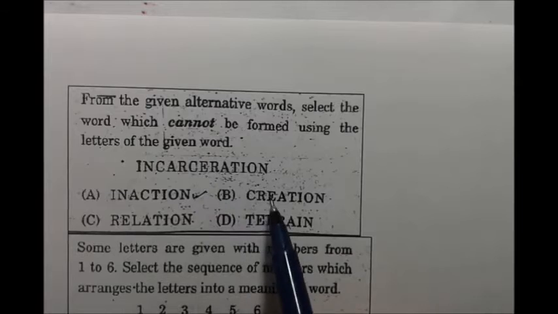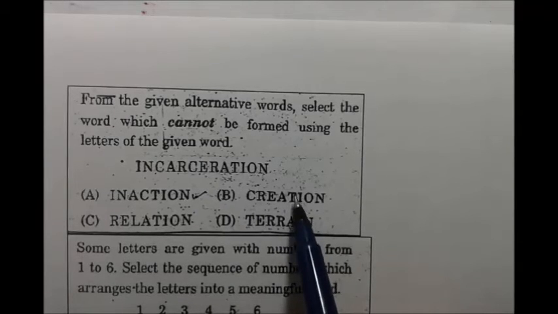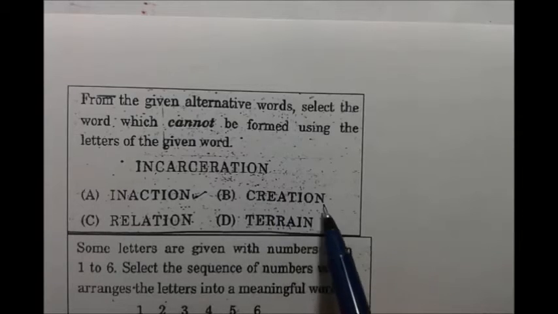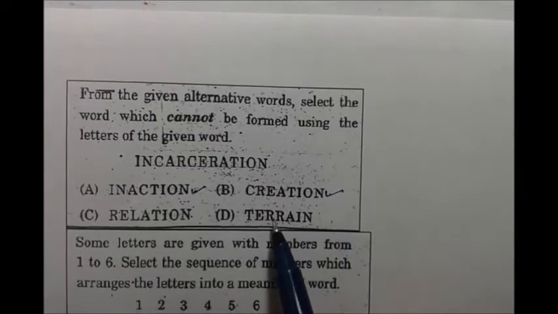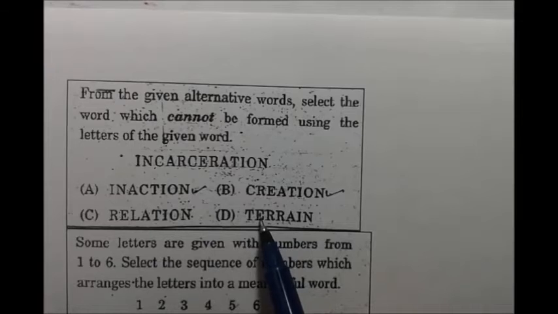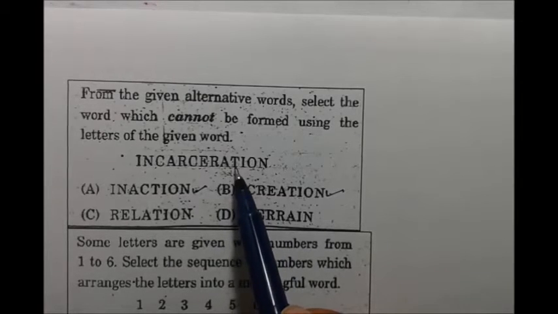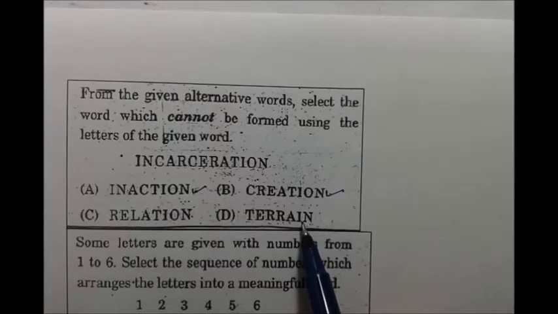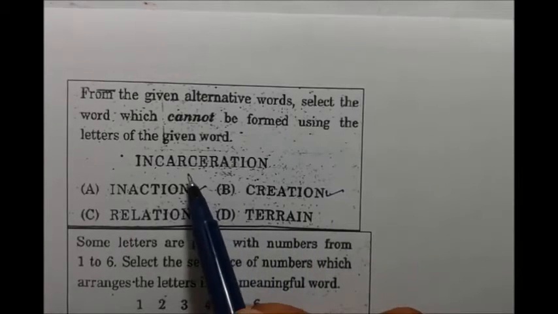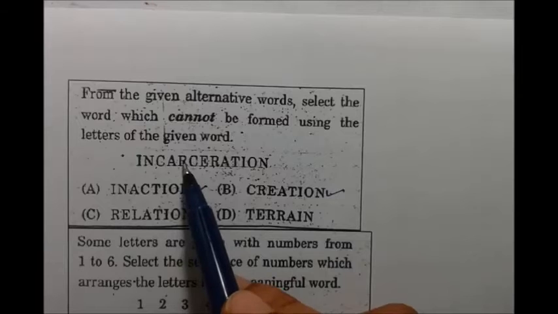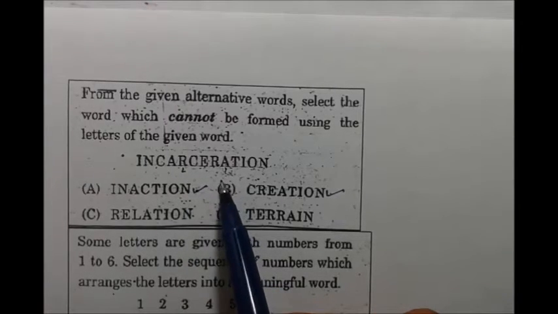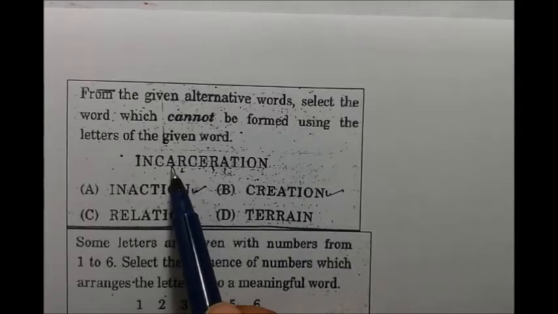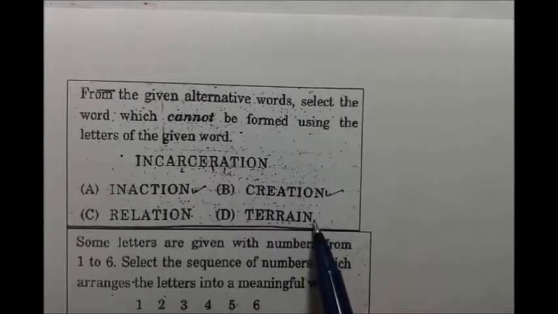Now check this option, CRE. So I have these three letters, ATI, and ON. So this is possible. Now look at TER. T here, E here, R here. So these letters are possible. RAIN. So I also have another R here, 1 R, 2 R. So I have 2 R's and 1 A. Okay, I, yes, and N, yes.